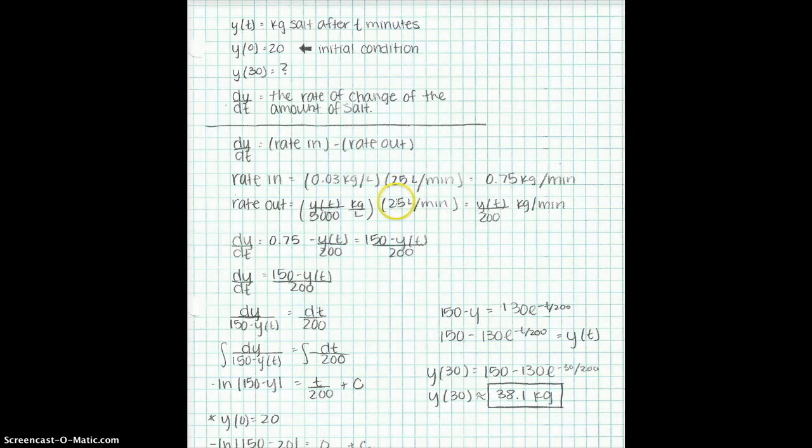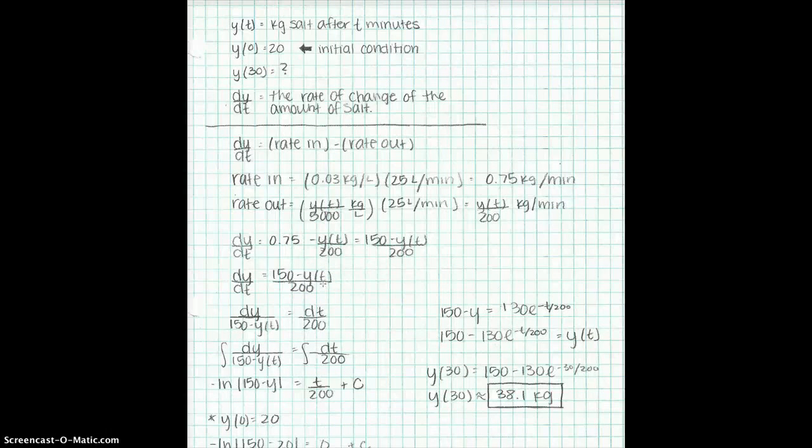And then multiply that by the 25 liters per minute to get y of t divided by 200 kilograms per minute. So once you plug those back in, you get dy over dt equals 0.75 minus y of t divided by 200, which is simplified down to 150 minus y of t divided by 200.